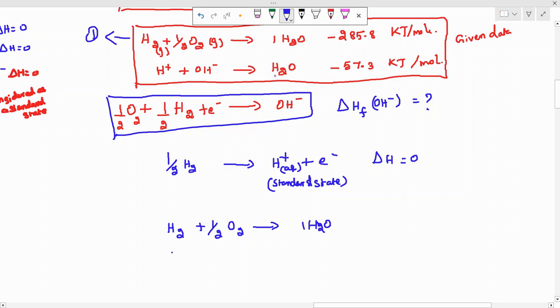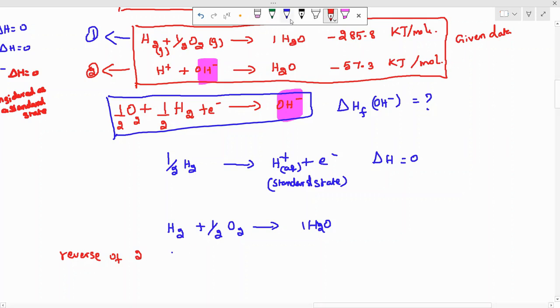Then the second equation: OH minus is on the left hand side, but I need the OH minus on the right hand side. That's why I'm going to reverse that too. So reverse of 2, I'm just going to convert reactant into product and product into reactant.